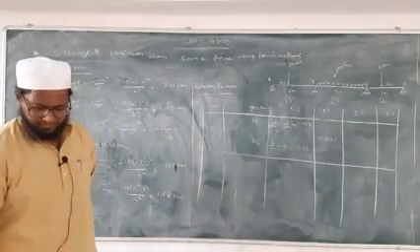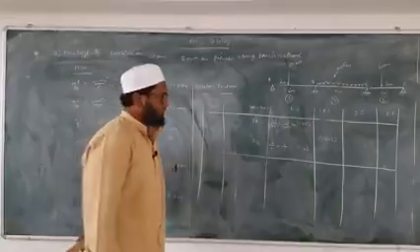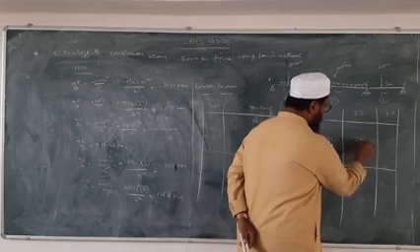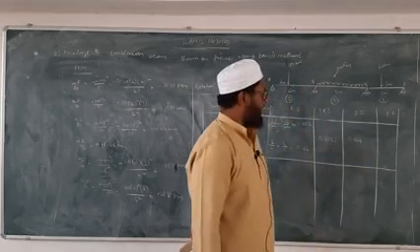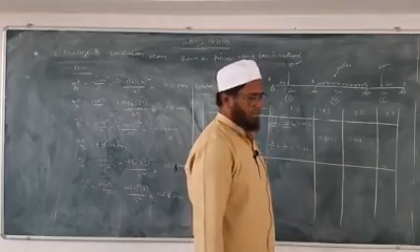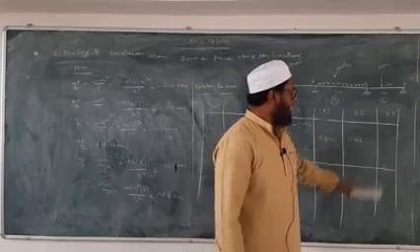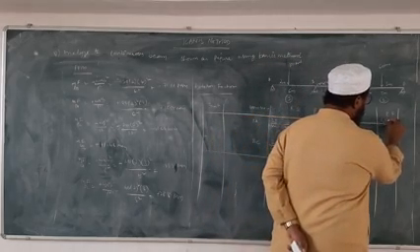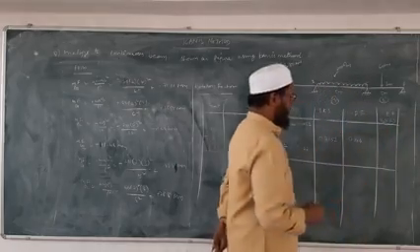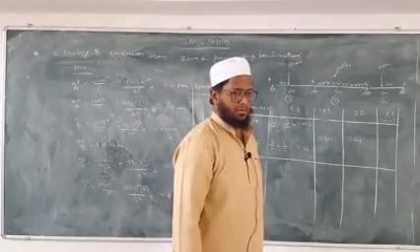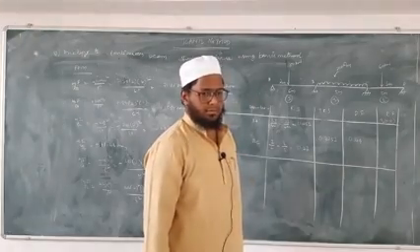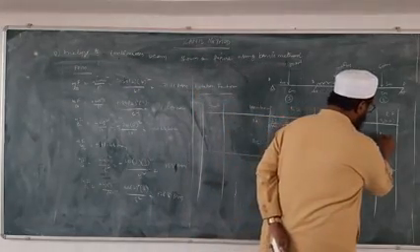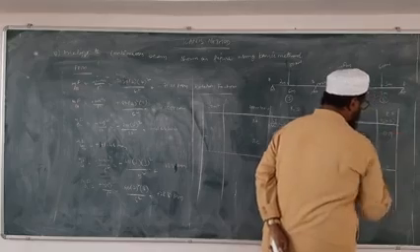0.384. I and I will get cancelled. So again, what will happen here? It is half of the distribution factor, minus 0.19.